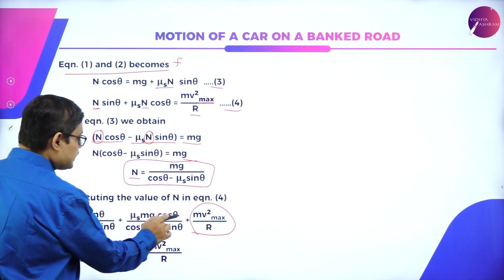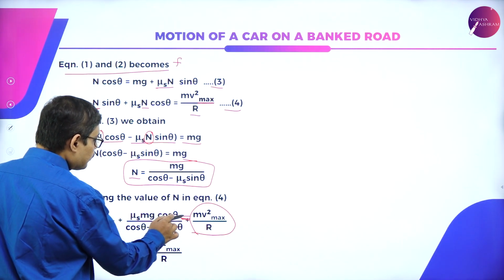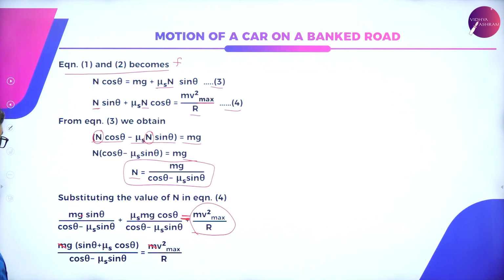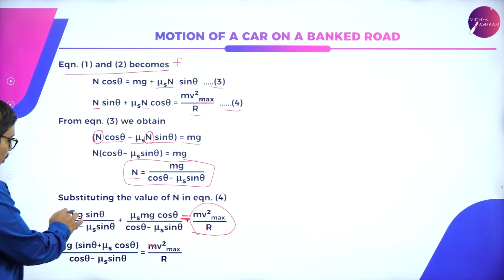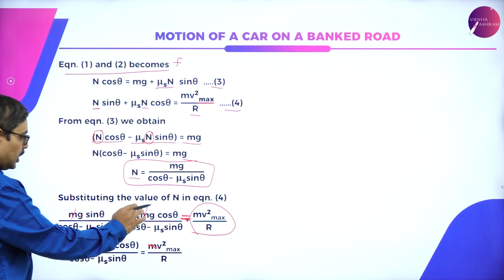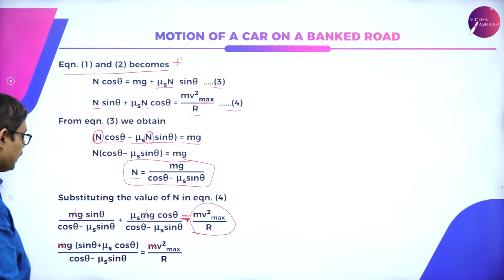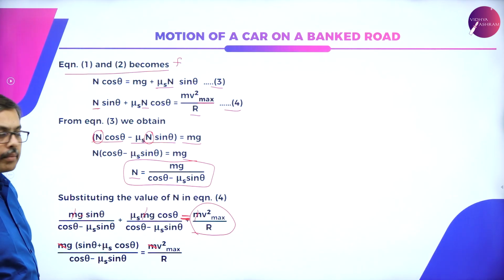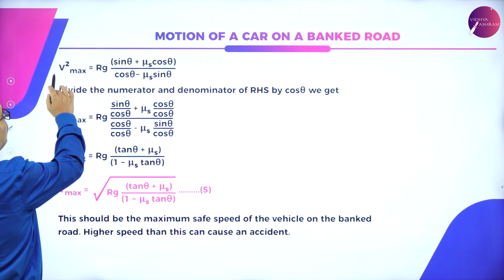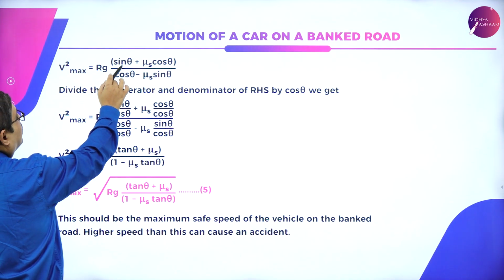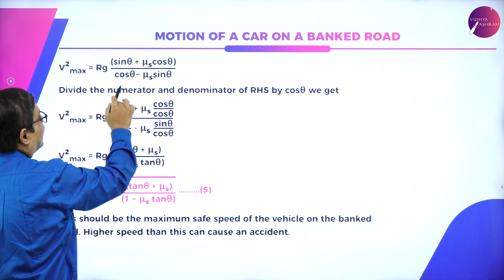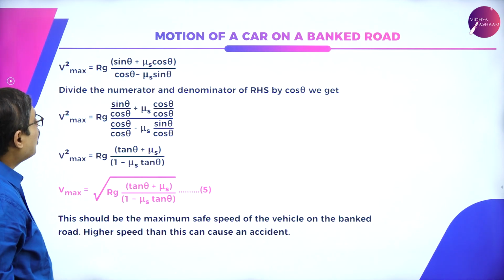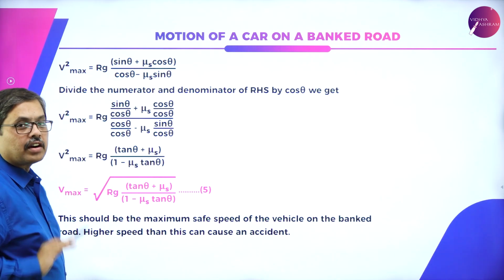Now there is a common term m, so let me cancel this off. Once I cancel this common term m, what do I get? V max squared equals rg into sin theta plus mu s cos theta by cos theta minus mu s sin theta. I have got a lot of sin and cos here.